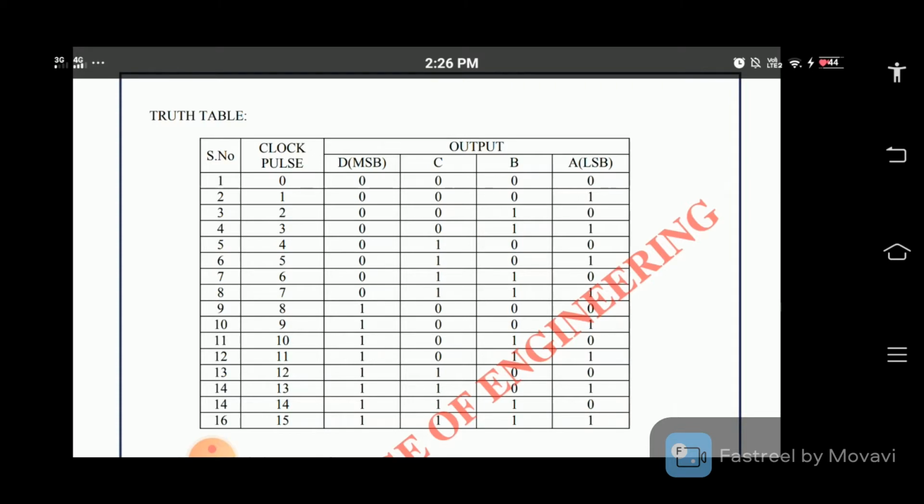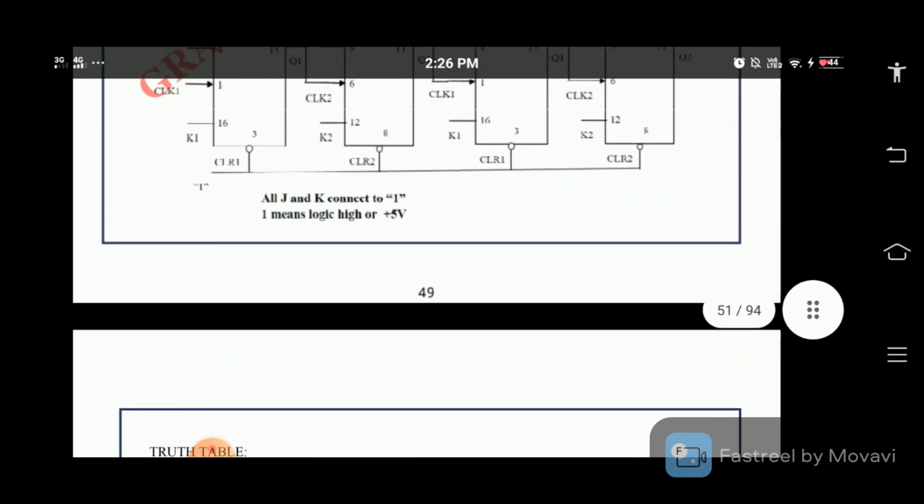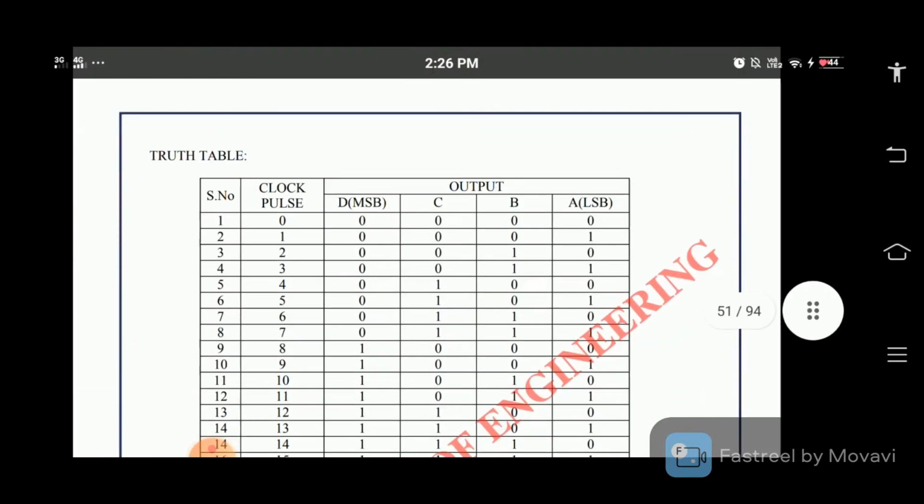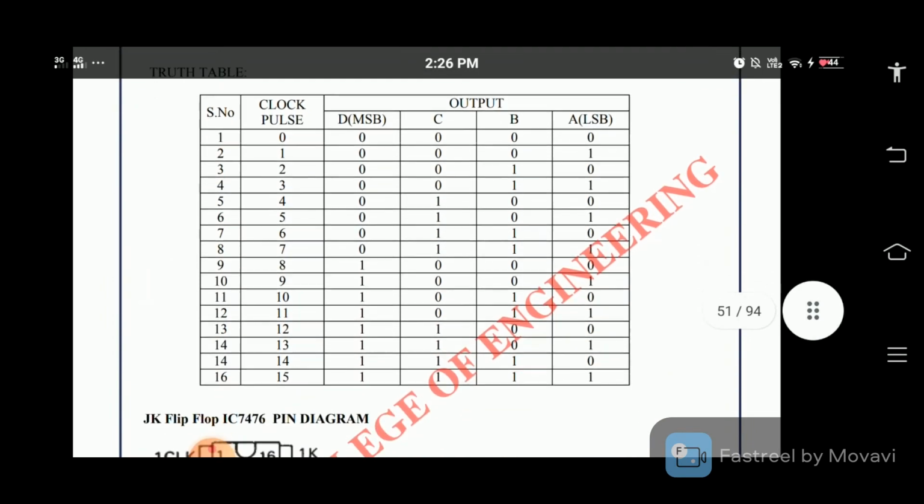Similarly we can give 15 clock pulses, and at that time we have the output as 1 for all the bits, from LSB to MSB. So we need to construct this circuit diagram in our IC trainer kit, and verifying the truth table is the main task of this experiment.